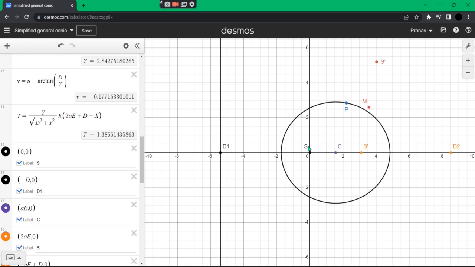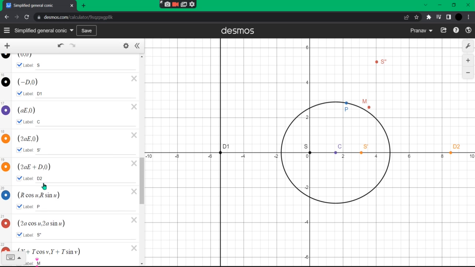So first of all, 0, 0 is our focus, first focus. Then you have the other focus, which is at S dash, which is 2 small a e, comma 0. You have the center C, a e, comma 0. You have this directrix, so the feet of perpendicular, I mean the point where it cuts the x-axis, right? That thing is labeled as D1.